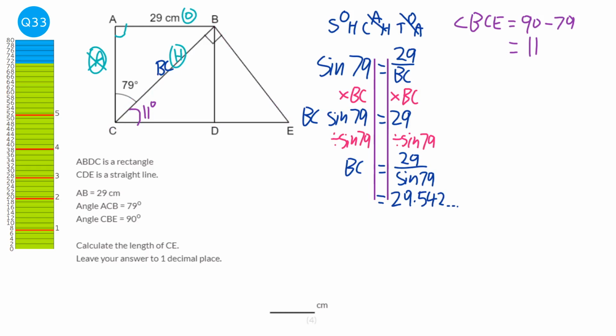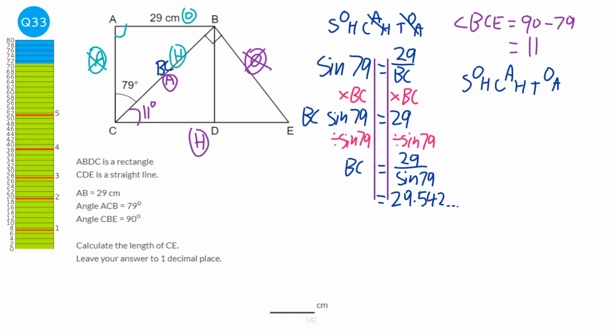So we're going to look for length CE. We're going to first of all label the sides. So we've got the opposite here, the hypotenuse opposite the right angle here, and the adjacent here. So this hypotenuse is now an adjacent. We're not using the opposite at all, but we are looking for the hypotenuse. So let's do our little triangles now, find out which one we're using.